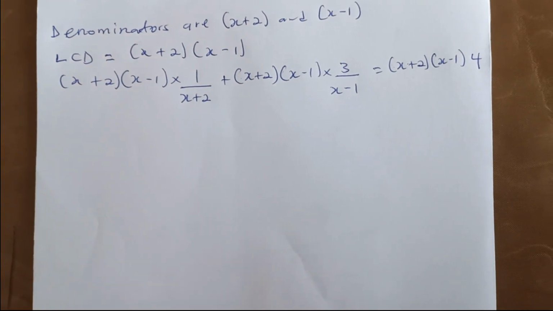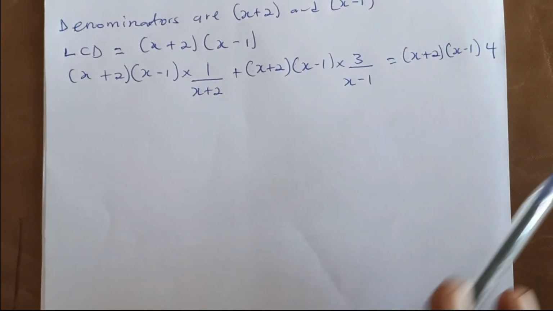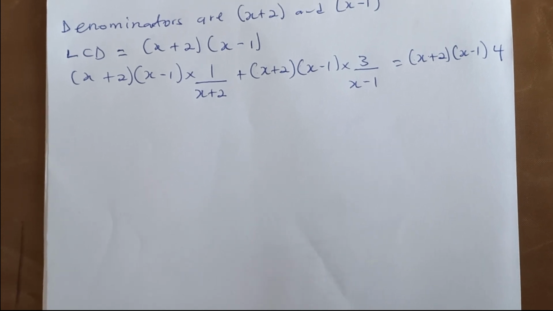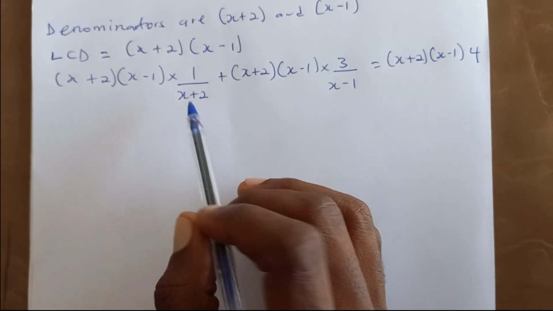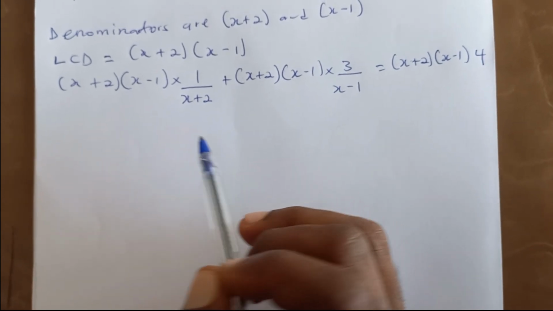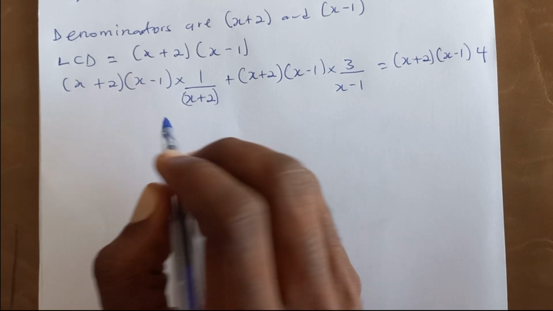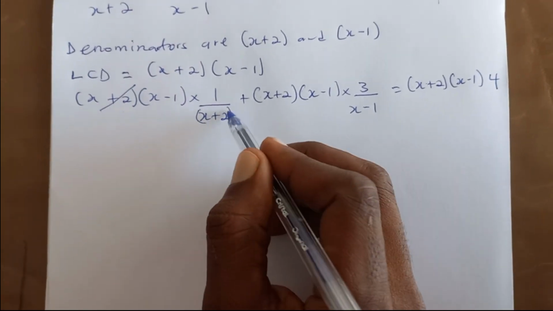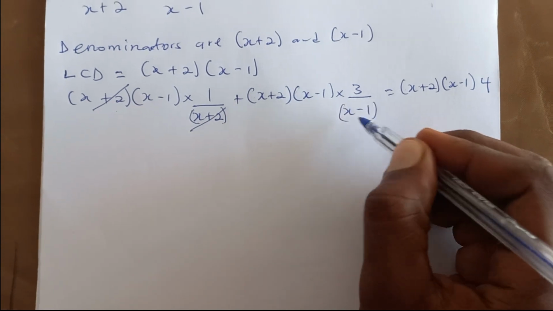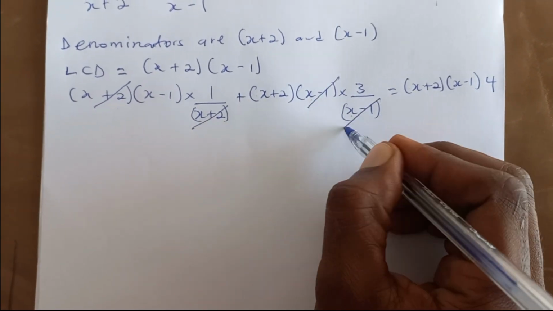Like this, we multiply it by the entire equation. Now we have to cancel out the denominators. Yes, the denominators will be cancelled out. Looking at this, x plus 2 is going to cancel out x plus 2 here, same as x minus 1 will cancel out x minus 1 here, like this.